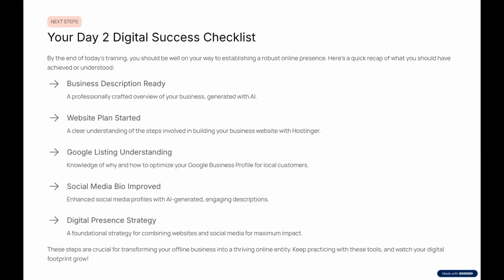Your social media bio improvement, have you done that? Your digital presence strategy, have you done that? So try and get content on these things I just mentioned, and try to see if you can set up your website, your business profiles on your various social media accounts, coming online on Google business profile.